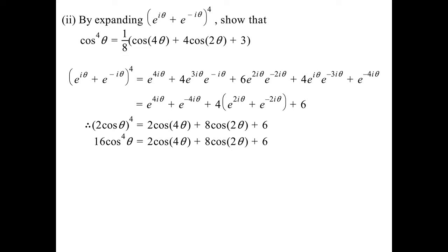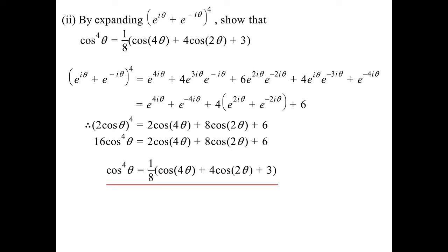So then, expanding the left-hand side, I've got 16 lots of cos to the power of 4. Divide everything by 16, and we end up with an eighth of cos 4 theta plus 4 cos 2 theta plus 3.